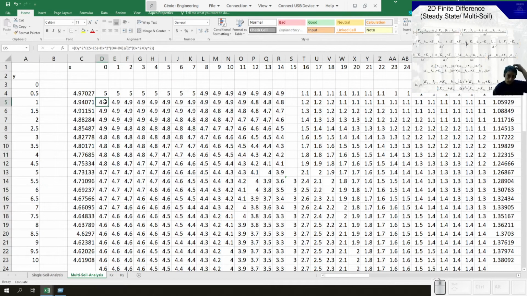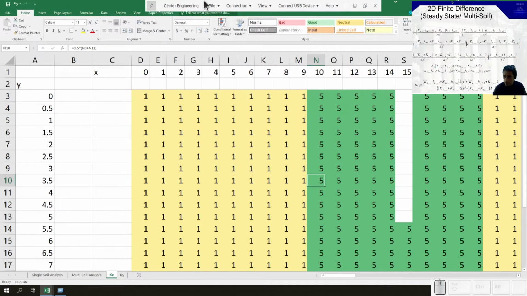Now, we have dy squared times, and now we have to go, this is dy, so we multiply by kx's, right? And kx's, as we said, have the same number of rows, but one less column.